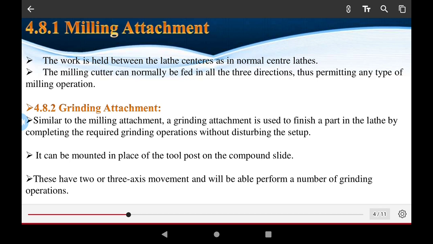The grinding attachment is used to finish a part in the lathe by completing the required grinding operation. The grinding operation is a continuous operation, and multi point cutting tools are used in it, continuing the grinding operation without disturbing the setup.